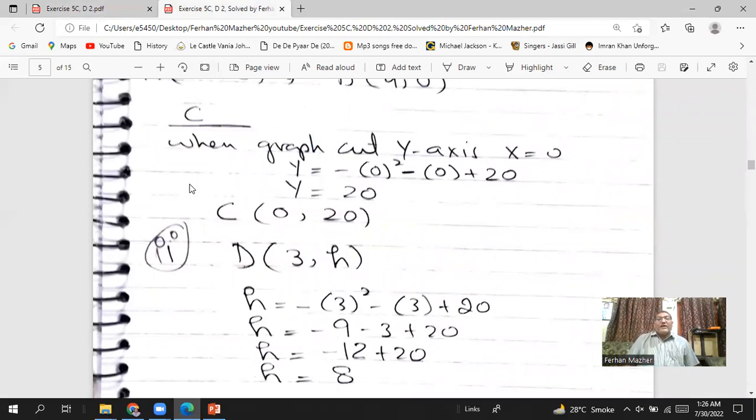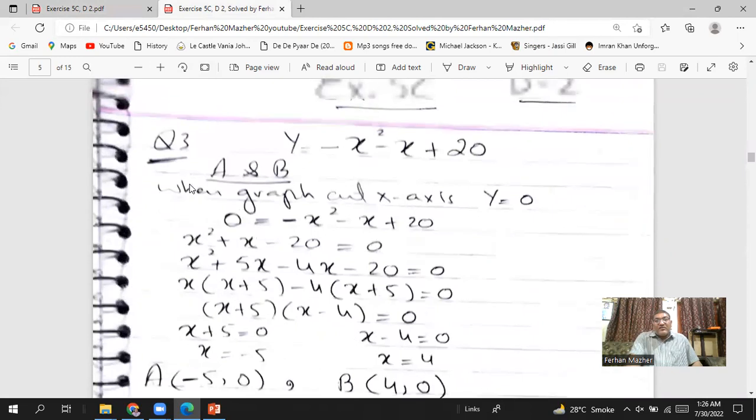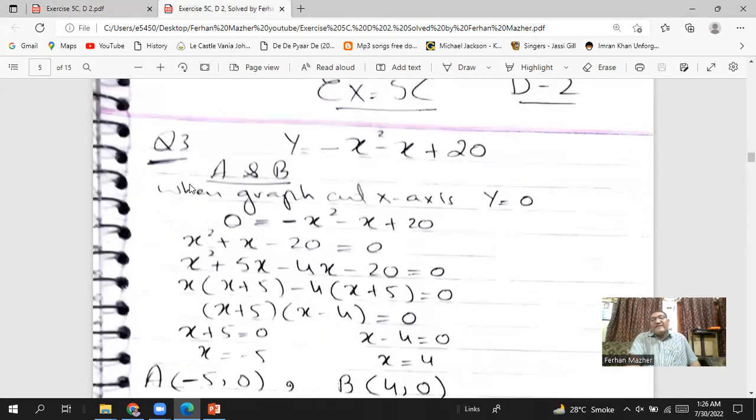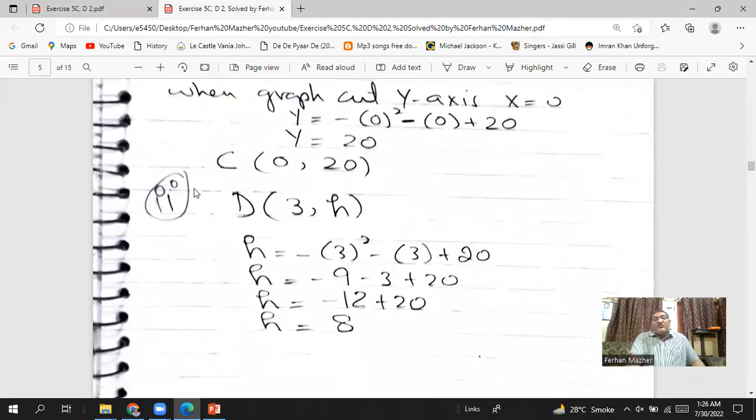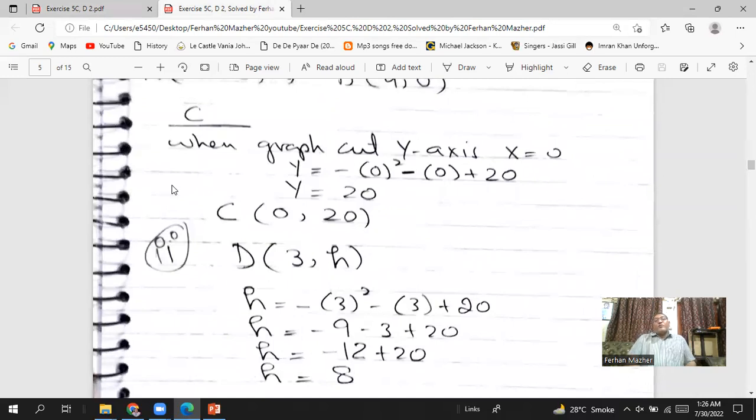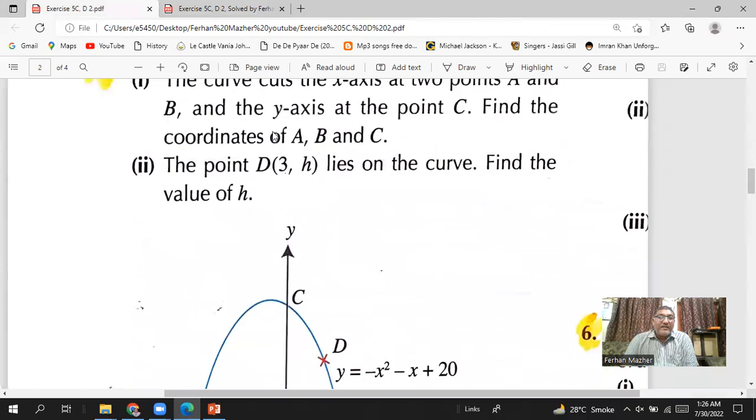So in your main equation, y equals minus x squared minus x plus 20, in the place of x, we substitute 0. So you will have minus (0) squared minus (0) plus 20. So the value of y will be 20. So the coordinates of C will be 0 comma 20. That is how you will find the coordinates of that C point.